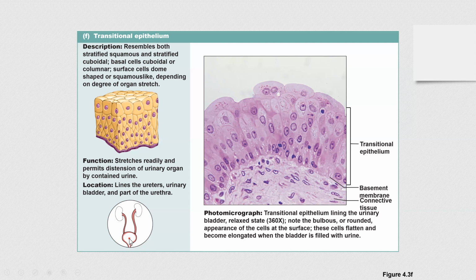But when you have urine in the urinary bladder and the walls stretch, this top portion will look squamous, right? So this is a rare epithelium, found pretty much only in the ureters and urinary bladder, and just a part of the male urethra. It stretches rapidly and permits distension of the urinary organ by containing urine. So the function is the ability to stretch.